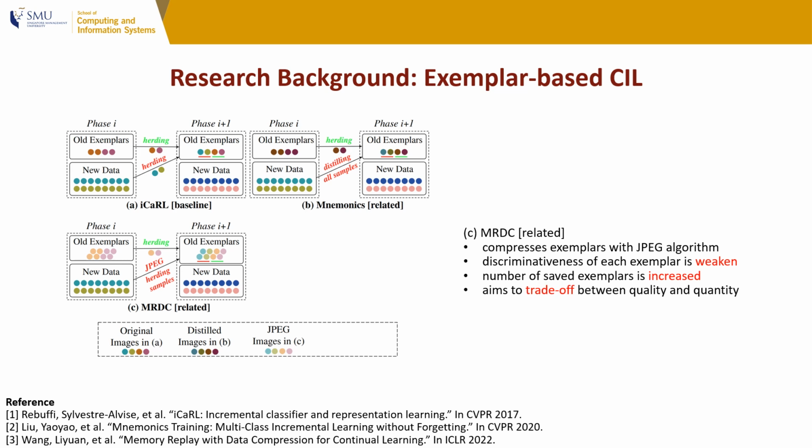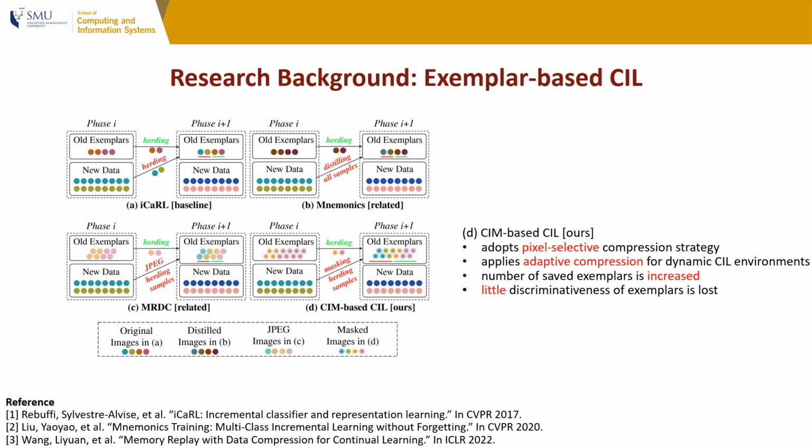MRDC chooses to compress exemplars with the JPEG algorithm. Then each exemplar takes less memory, and more exemplars can be saved. However, the blurry exemplars also lose part of their classification discriminativeness, which introduces a trade-off between exemplar quality and quantity.